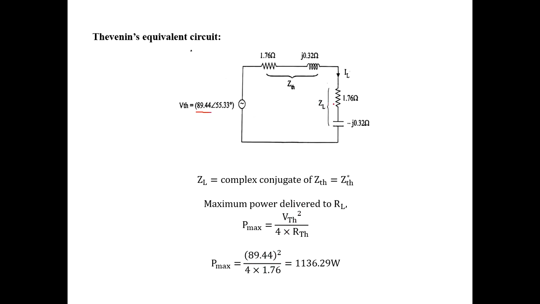For this ZL value, we have to take the constant value, that is 1.76 alone. No need to take the imaginary value. Just write the value 1.76. We got the answer 1136.29 watts.